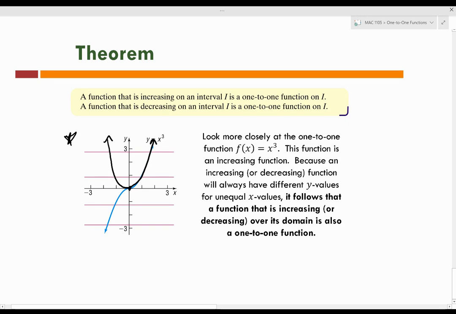This parabola is decreasing, it hits its vertex, and then it goes increasing. Because it changes directions, it automatically is going to fail the horizontal line test, which is why this theorem is so cool. As long as you've got a function that's either increasing the whole way or decreasing, the function doesn't buck back and change directions, it's going to be one-to-one. Okay, cool.